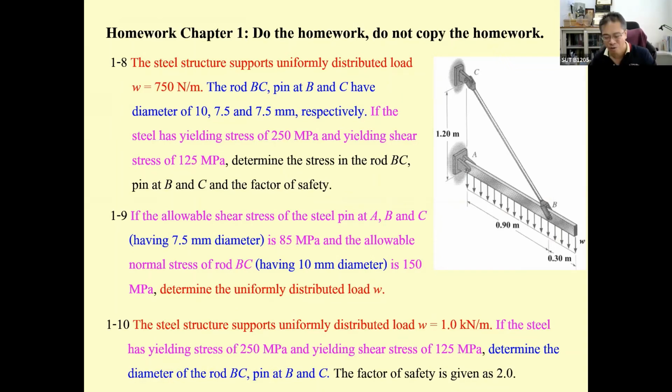We are just talking about stress equal to P over A for the analysis, and A equal to P over sigma, and then tau equal to V over A, and then A equal to V over tau.